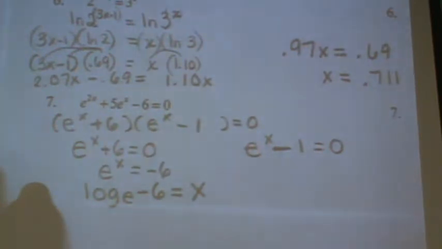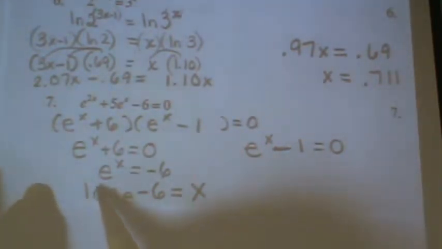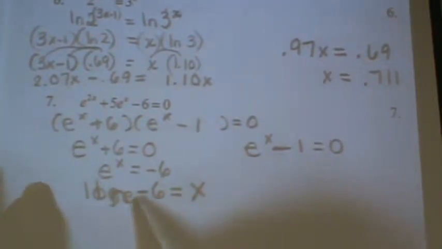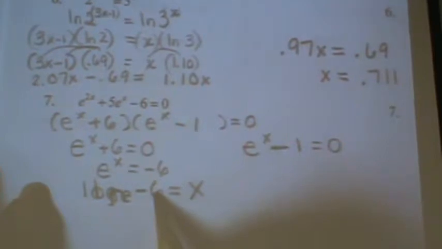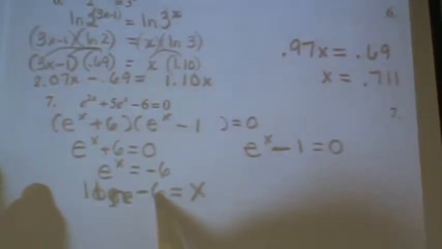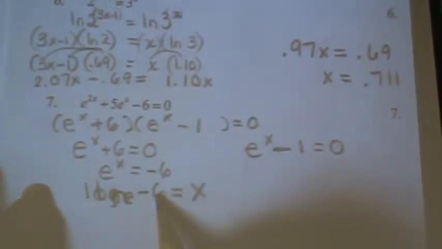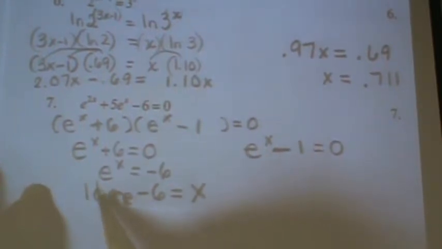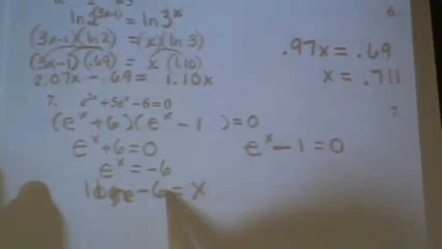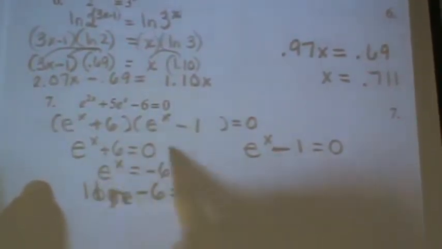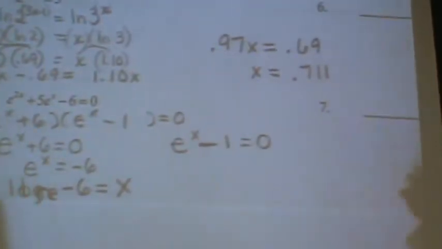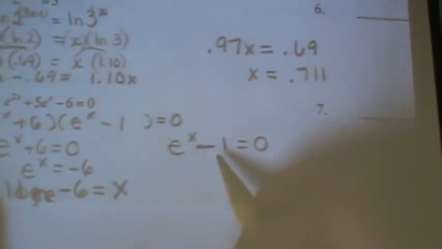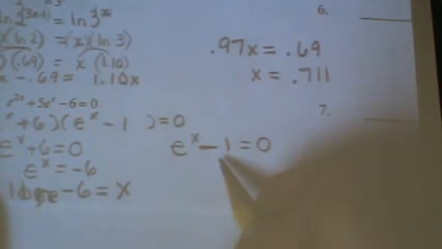What do you get for that value? This is ln of negative 6, which is what? Undefined. You can't take the natural log or the log of any negative number. So this side is no solution, okay?